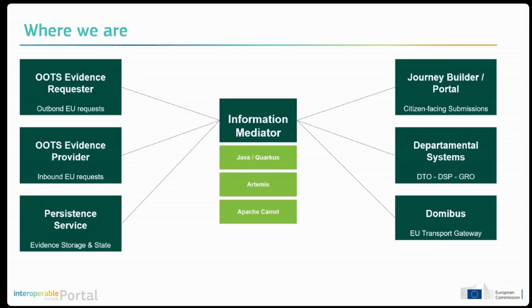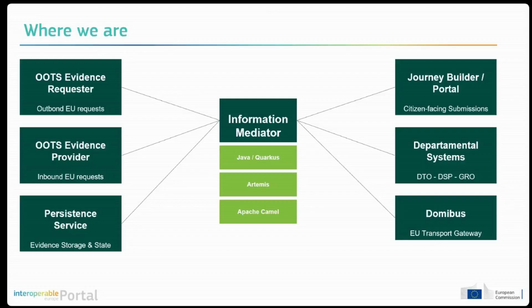We also built direct connections with some departments and agencies. One example is GRO, from which we can retrieve a birth certificate. If a specific system or capability needs to retrieve a birth certificate, we already have a connector in place that can provide that.